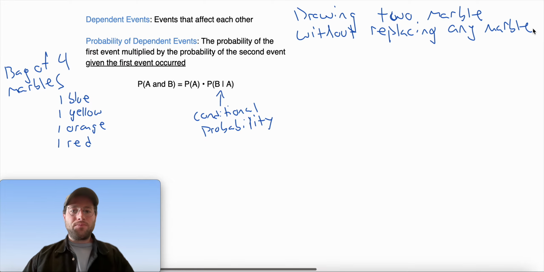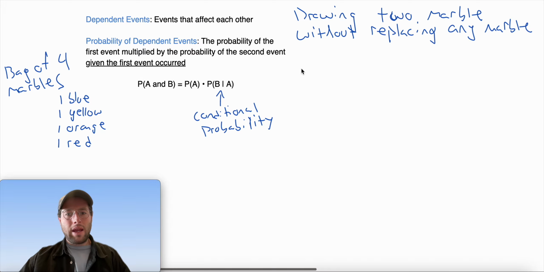All right. And let's begin by first drawing out our sample space of all the possible outcomes. I'll do that right here. So let's go through this.